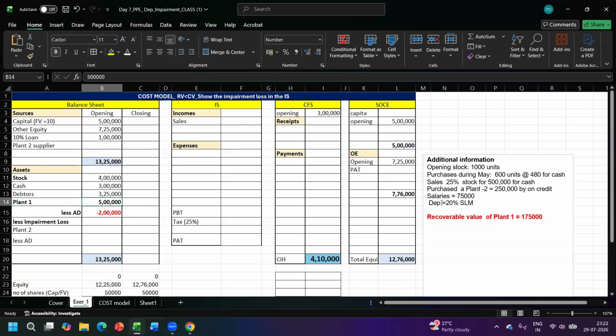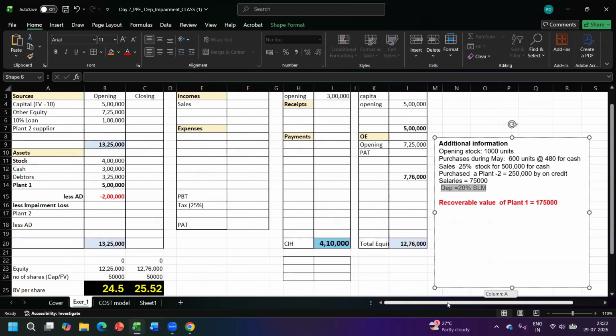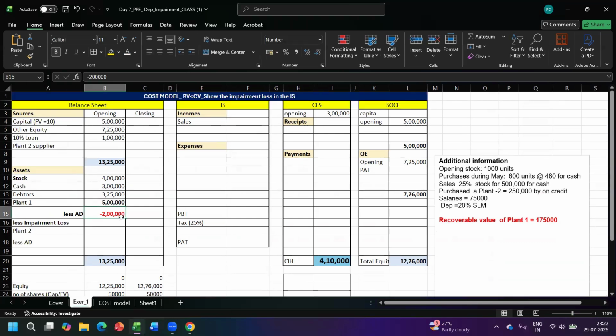Since the company uses depreciation straight line method, the plant is having an accumulated depreciation of 200,000. Therefore, that means the plant is about 2 years old because the depreciation per year will be 100,000. Now let us start working on it.